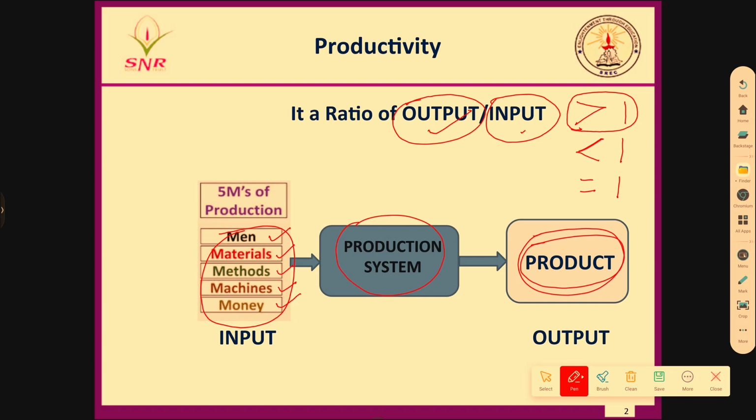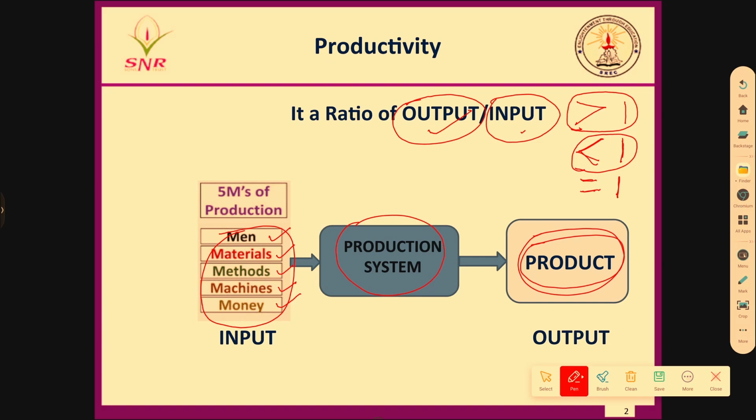If the value is less than 1, it means the output value is less than the input value. So the system is working at a loss. If you are getting the value equal to 1, the system is neither incurring loss nor gain. It is a no loss, no gain condition.